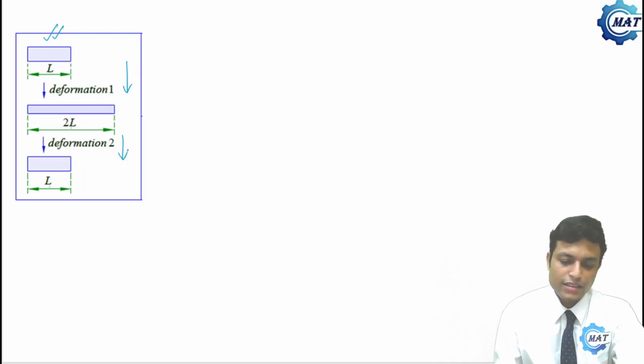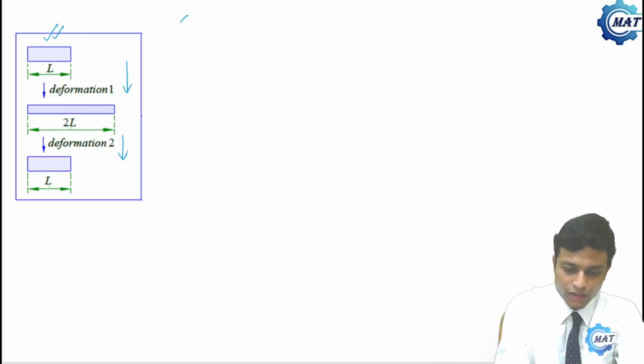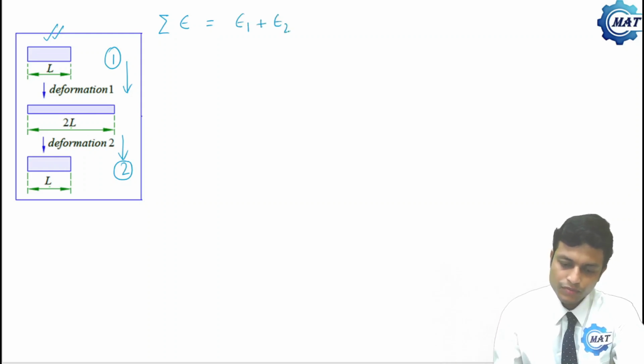Total engineering strain is epsilon 1 plus epsilon 2.